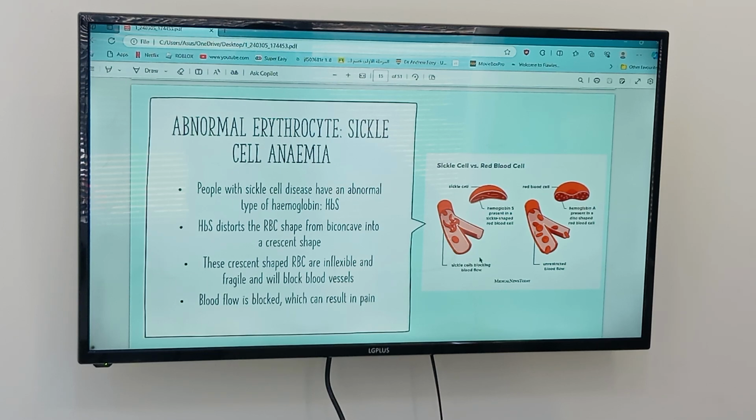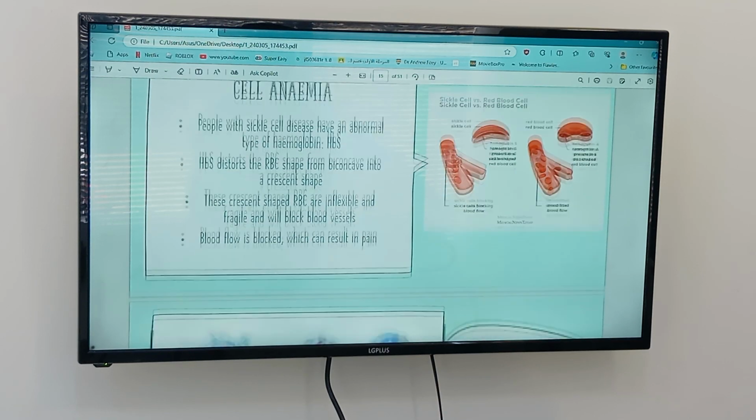That's the problem with sickle cells blocking blood flow. Look here. This is the crescent shape of red blood cells, and it is deposited in the branches of the vessels. The hemoglobin in the sickle shape is very fragile, and it will be destroyed and make pain in the organ.